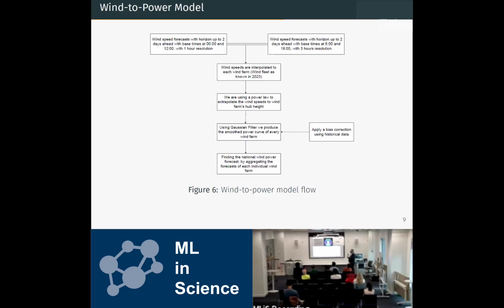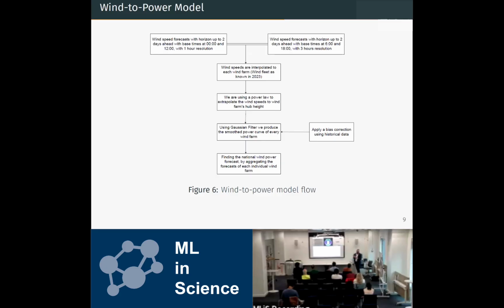Then we use a power law to extrapolate the wind speeds to the wind farm's hub height. Of course, we are using data from manufacturers here because we know the models of the turbines that all these wind farms have.